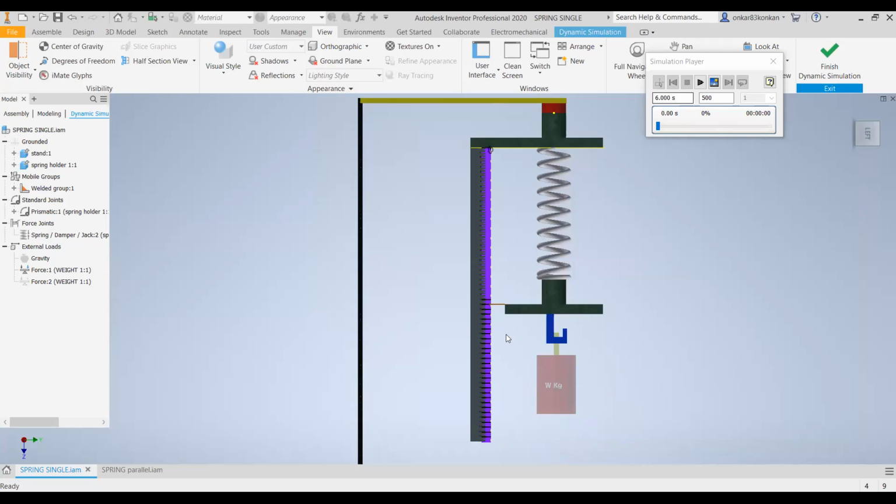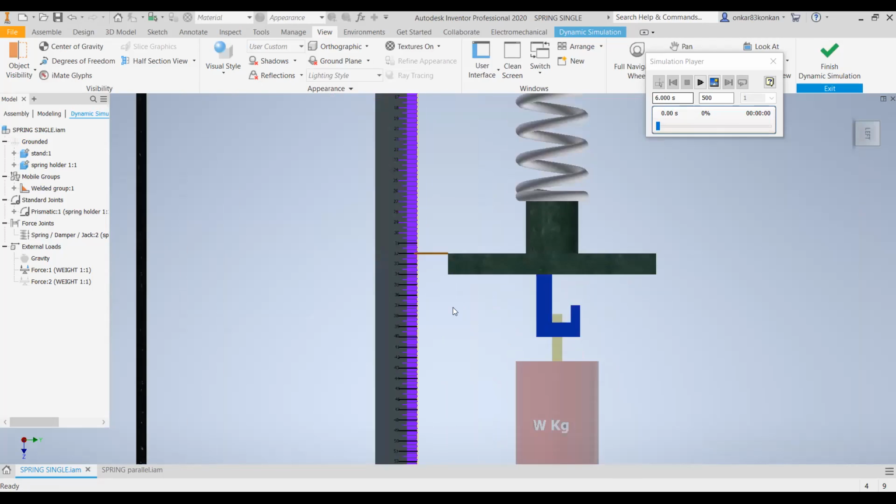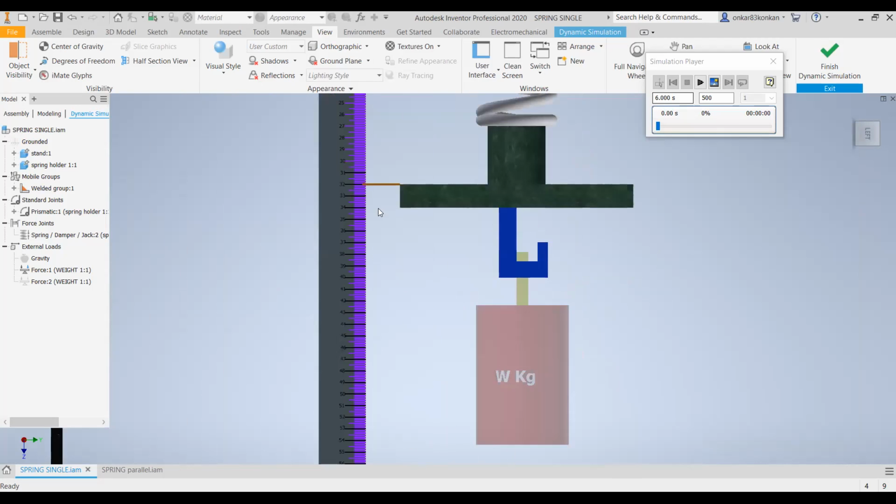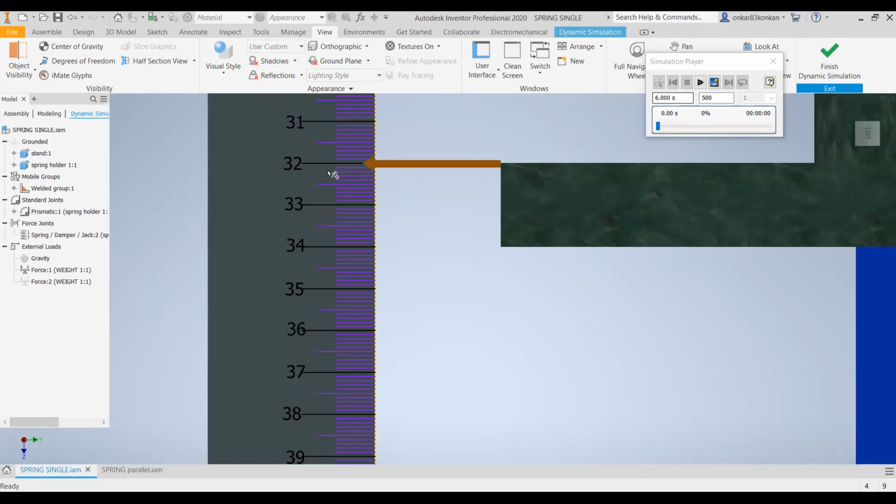Okay, so now let us check the deformation. Now here the weight is 2 kg. So the undeformed length is the same. It is 32 centimeter.